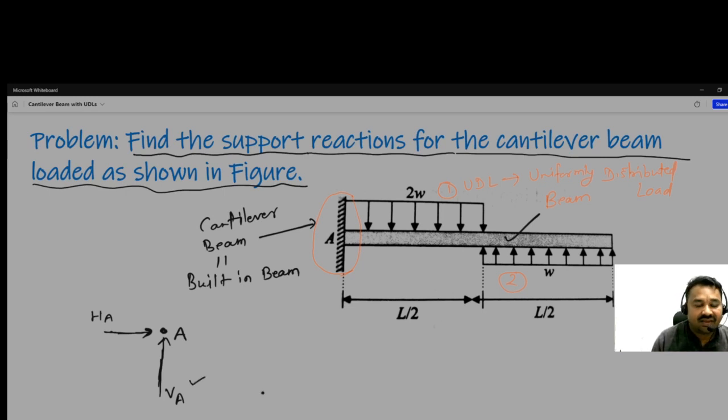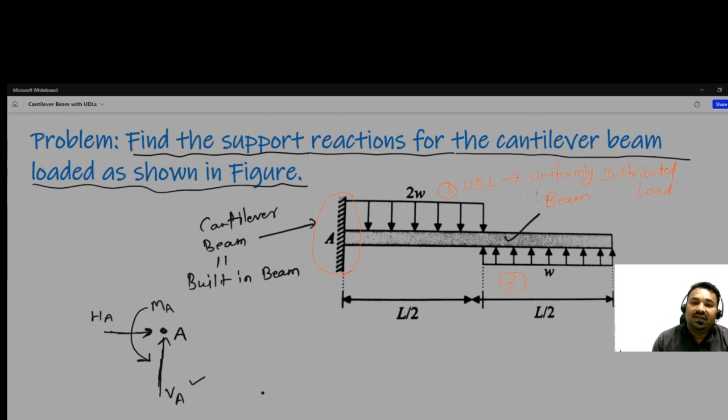And the third question is, can this beam rotate? So it cannot rotate. So not rotating means there is a resisting moment, and I am giving it the name MA.